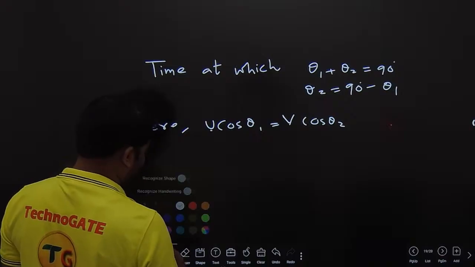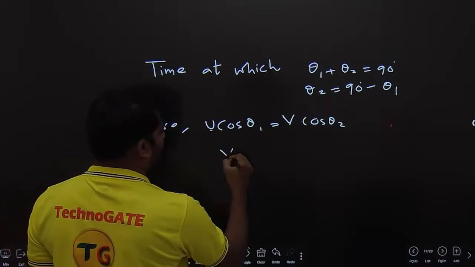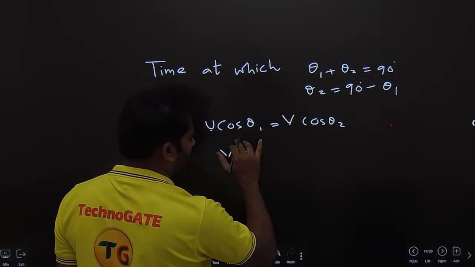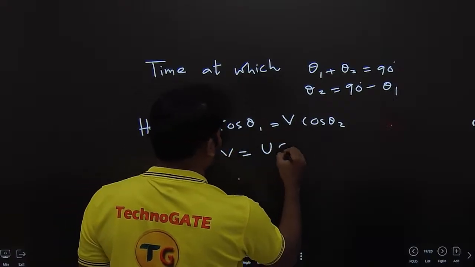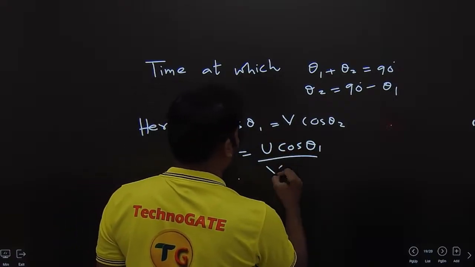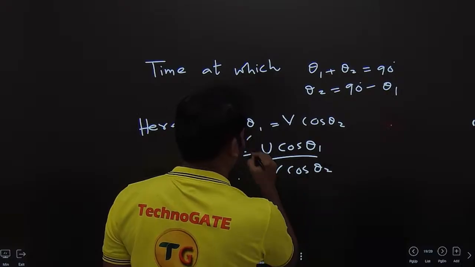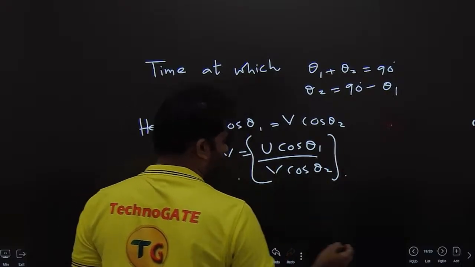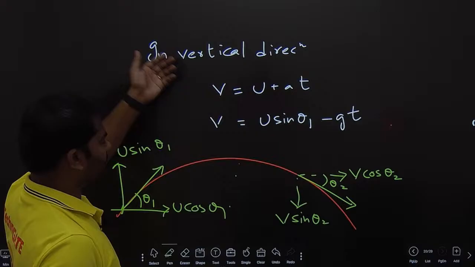That's why I got confused. So we are getting the value of v, since u cos theta 1 and v cos theta 2 are in the same direction. We get v is equal to u cos theta 1 by cos theta 2. This is the value. We got the value of v, so in this one we can substitute the value of v.